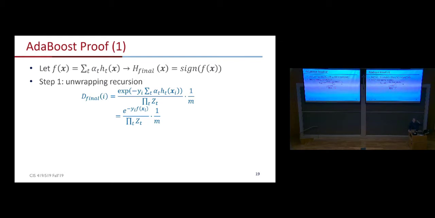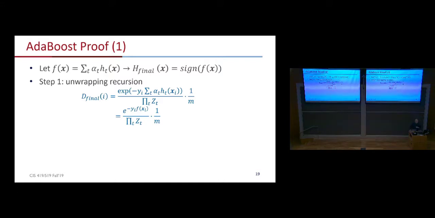If an example has a very high weight, the weak hypothesis will have to get it right so that its error is less than a half, right? So if I get the same example wrong a few times consecutively, its weight is going to go up, and it will force the weak hypothesis to classify it correctly, right?